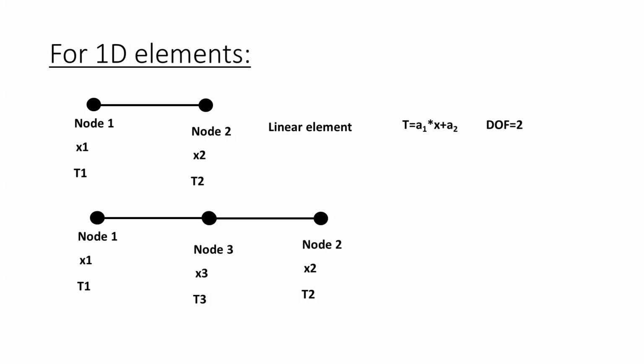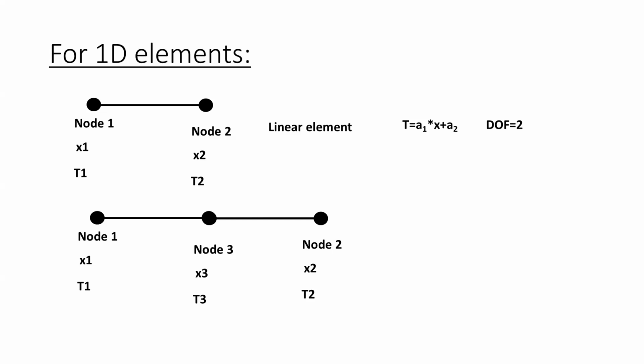Similarly, for another element, a quadratic element, it has 3 nodes. Node number 1 on the left, node number 2 on the right, and node number 3 at the center. Kindly notice that it is not node 1, node 2 and node 3. The sequence is node 1, node 3 and node 2. Similarly, the coordinate locations are given in terms of x, and the unknowns are t1, t2 and t3.